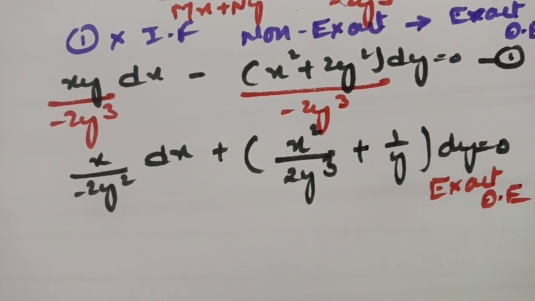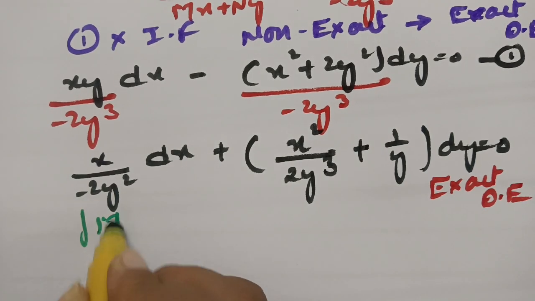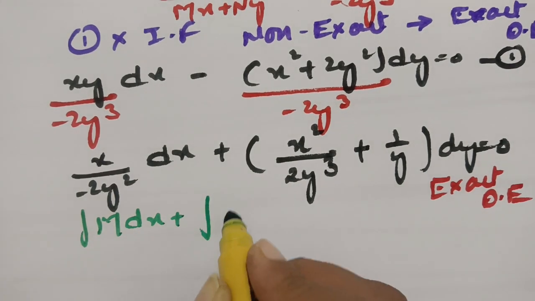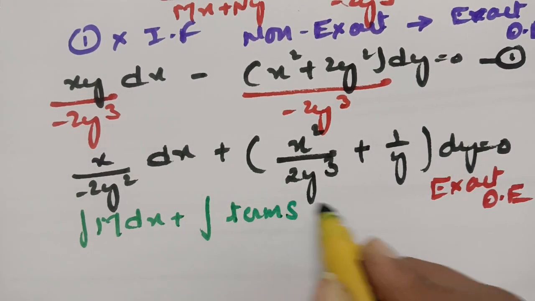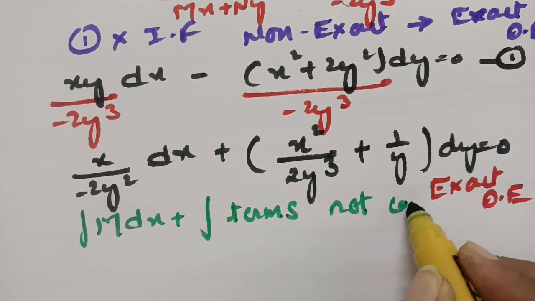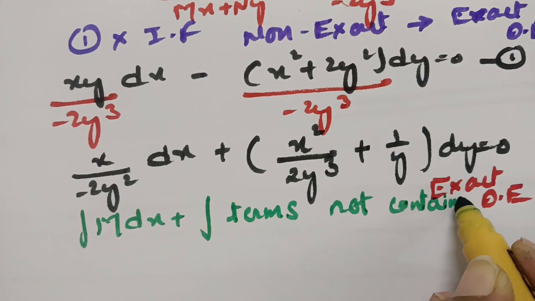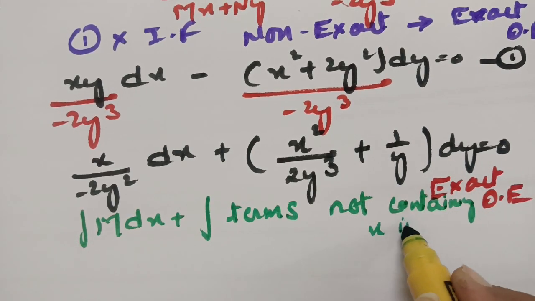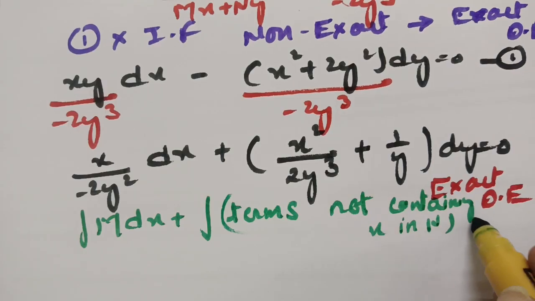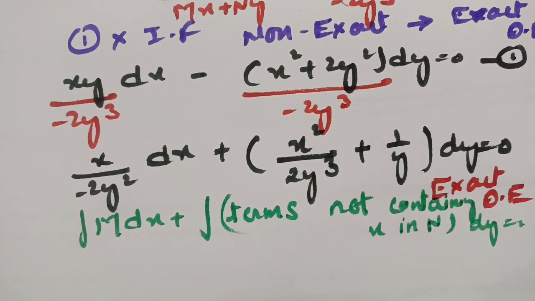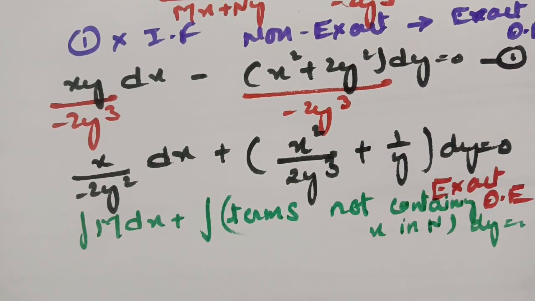If it's an exact differential equation, what is the solution here? The solution is nothing but integral M dx plus the terms in N not containing x, integrated with respect to y, is equal to c. So here, what is M?